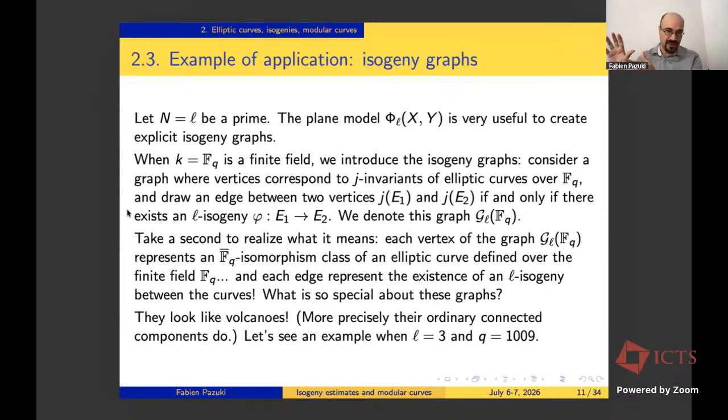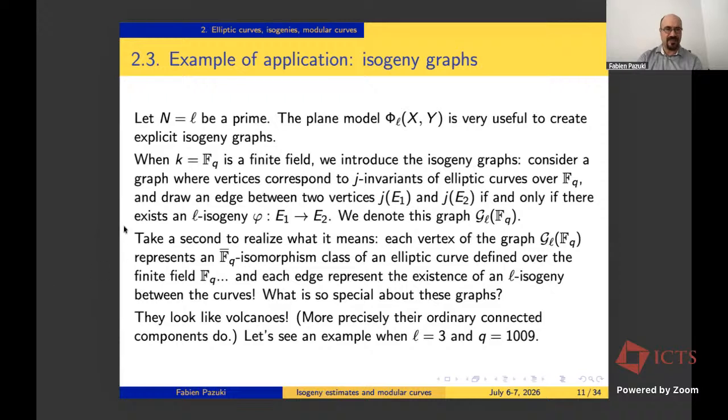The supersingular ones live their own lives, so you will not see them in the next slide. The supersingular connected component is actually the most used in crypto, but these are not volcanoes. You don't see the volcano structure on these ones. It's only for the ordinary ones.